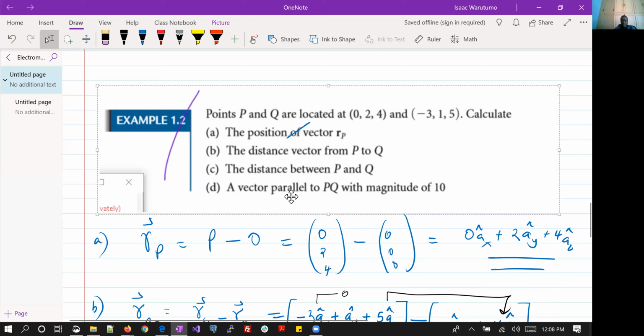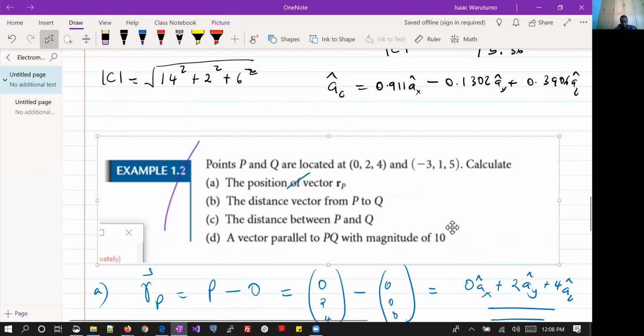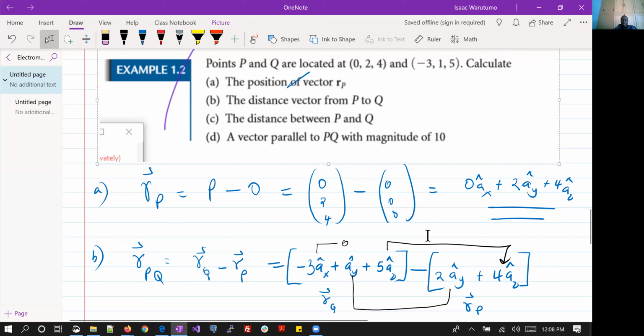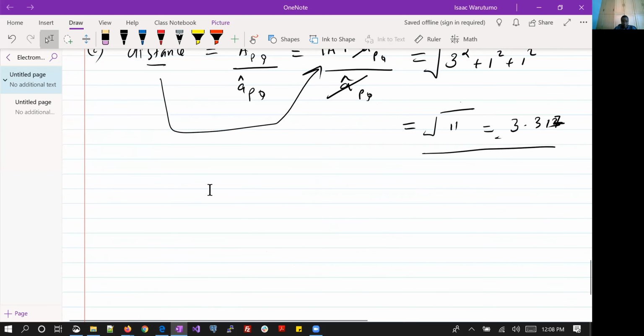The last question is now asking for a vector parallel to PQ with magnitude 10. So that is, calculate a vector parallel to PQ with magnitude of 10. How would we do that?